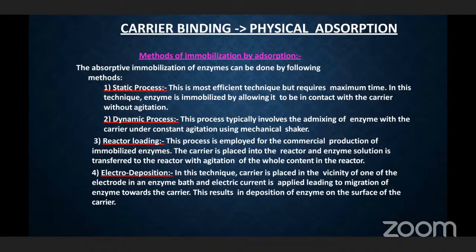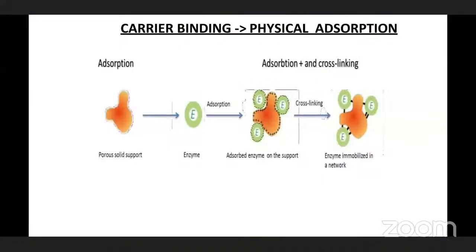Here the carrier is placed in the reactor, the enzyme solution is added, and agitation is given. In electrodeposition, the carrier is placed in the vicinity of an electrode in the enzyme bath and electric current is passed. This results in the deposition of enzyme onto the surface of the carrier. In this figure, the orange one is the solid support, and the E in green is the enzyme. These enzymes go and bind to the surface of the solid support.